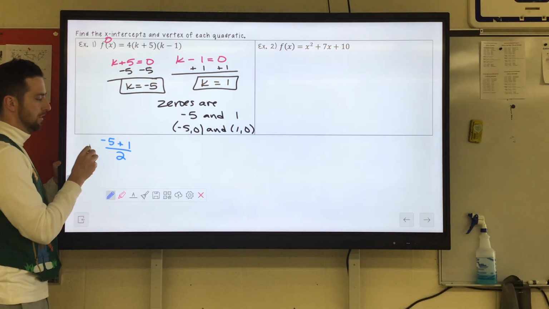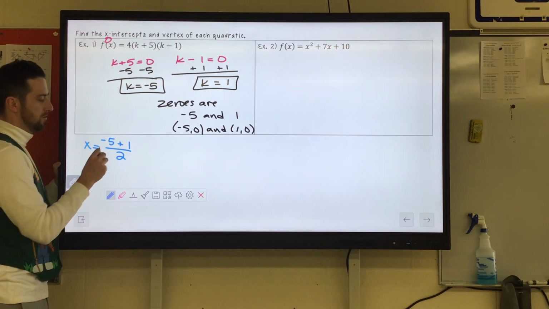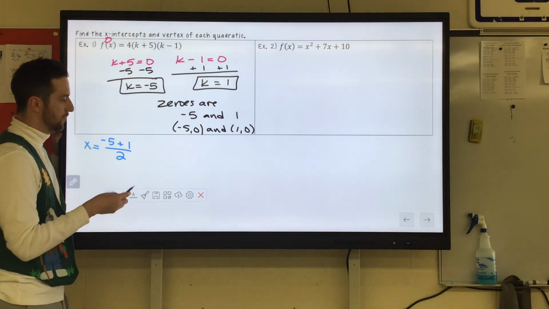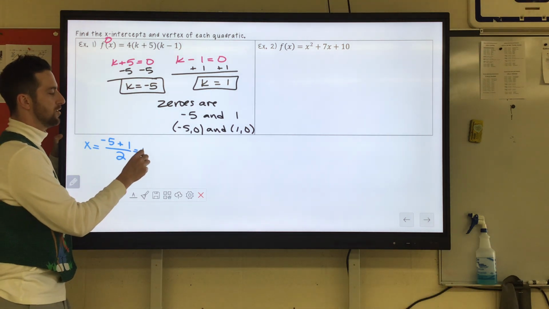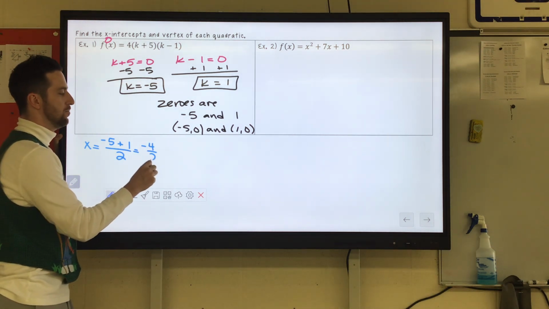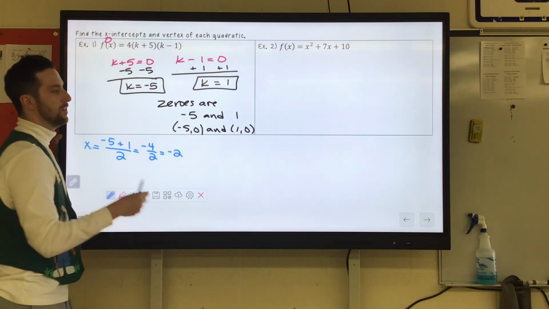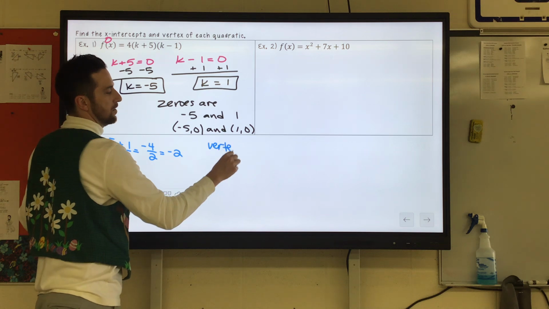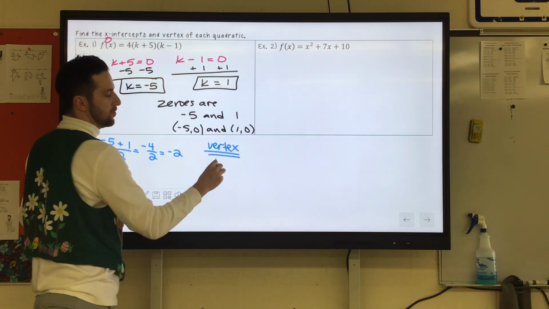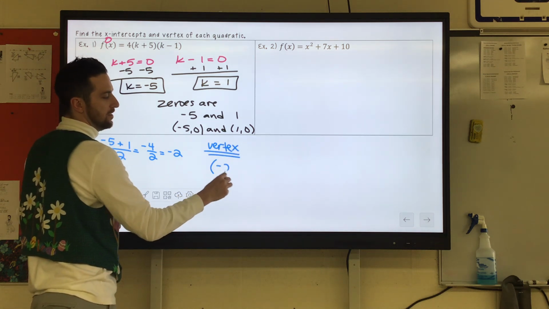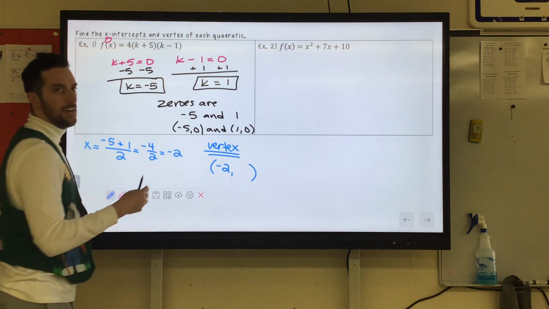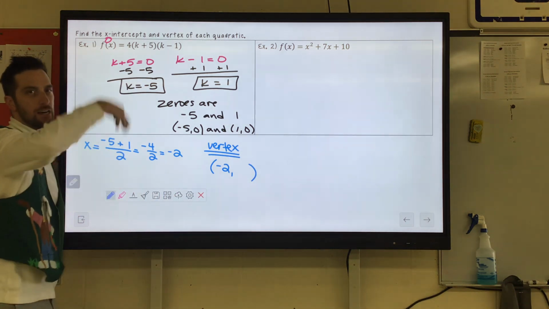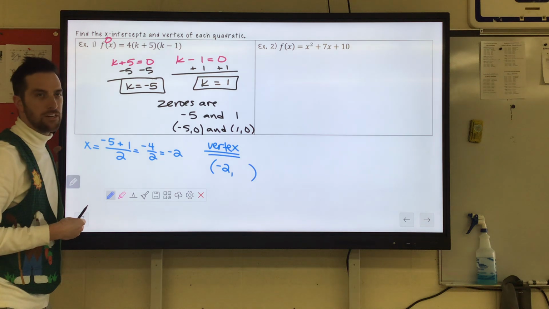So we'll call it x equals, because this would be the x-coordinate of our vertex. Negative 5 plus 1 is negative 4, divided by 2 is negative 2. So the x-coordinate of the vertex, which in this case is negative 2, is also the axis of symmetry. It's that vertical line that splits the graph perfectly in half.